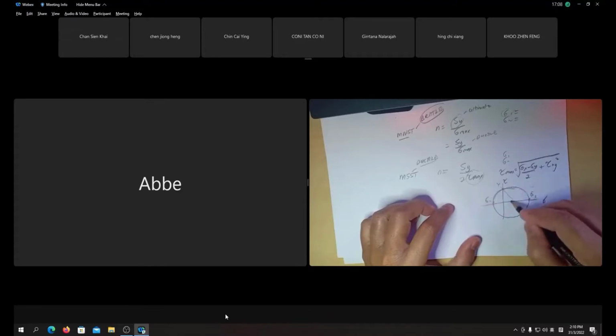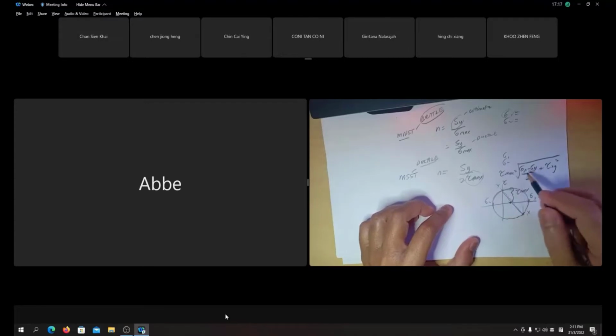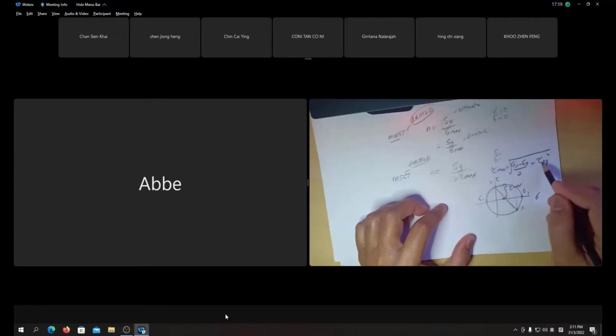This is the radius, and the radius is tau max. You can use the graph or you can simply calculate it. The radius of your Mohr circle is your tau maximum.